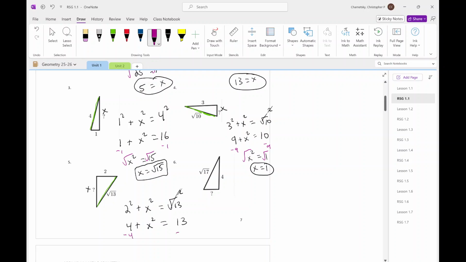Subtract 4 minus 4. We get x squared is equal to 9. We're going to take the square root. Squares and square roots cancel out, so we get x is equal to 3.